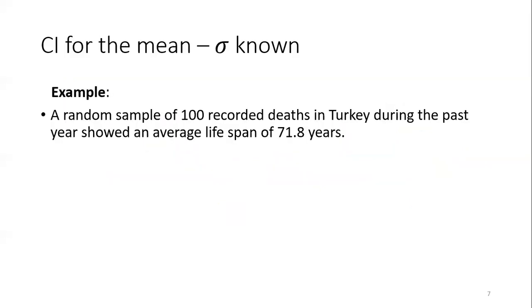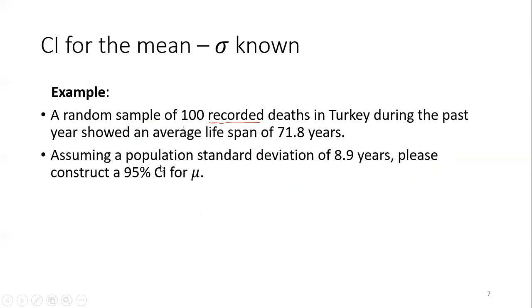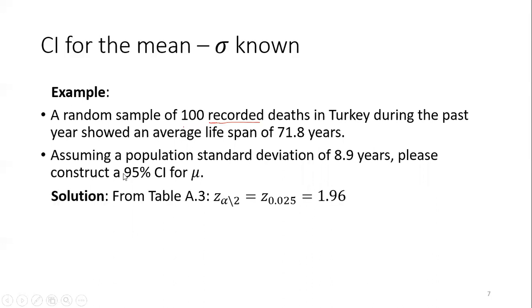Recall our famous example: a random sample of 100 recorded deaths in Turkey during the past years shows an average lifespan of 71.8 years. Assuming a population standard deviation of 8.9 years, please construct a 95% confidence interval.